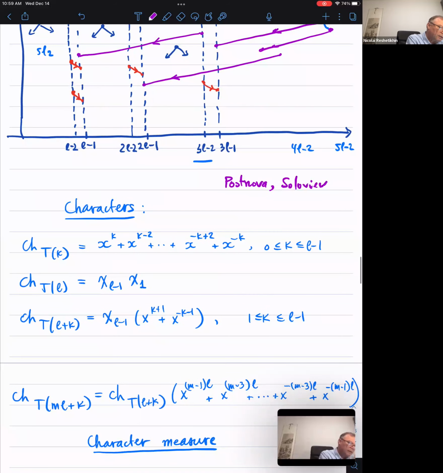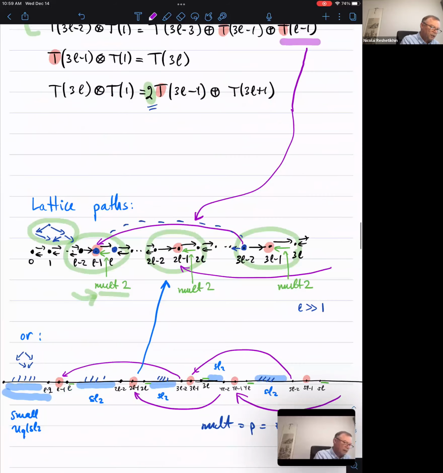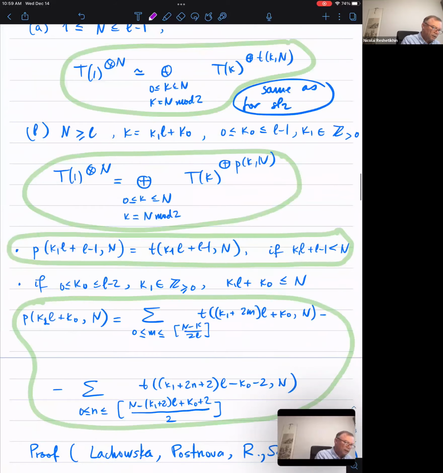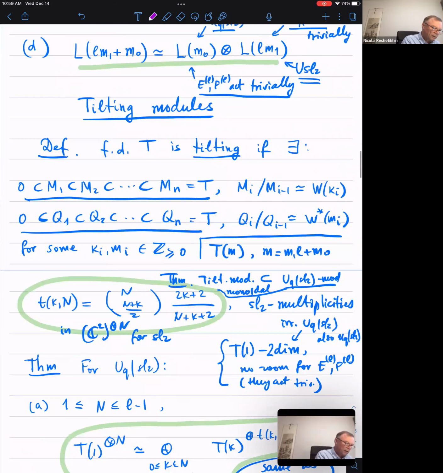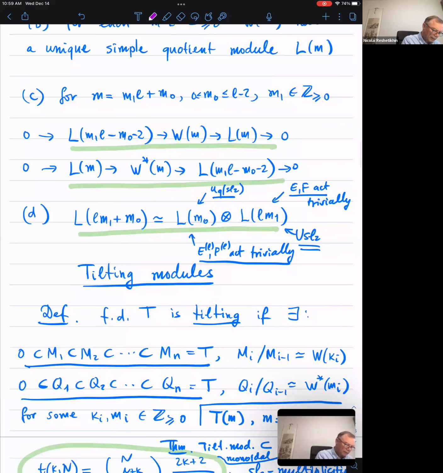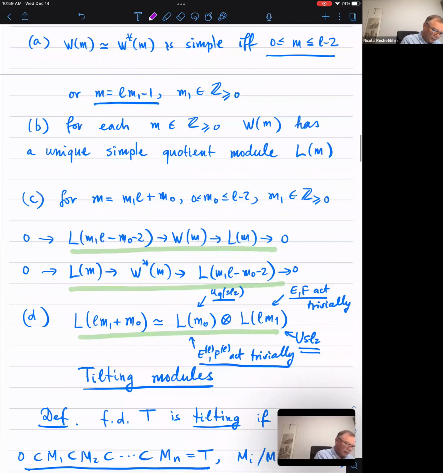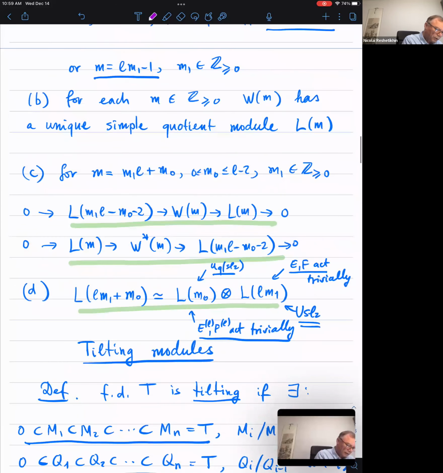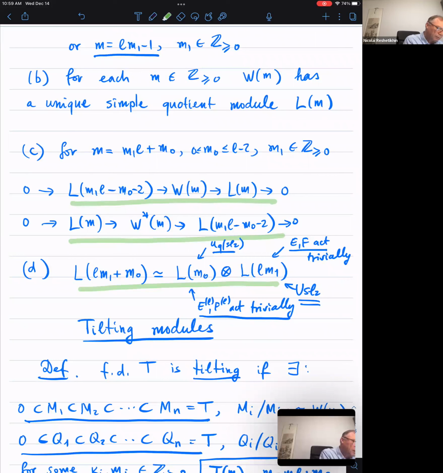So then, you see, you have all these representations, tilting modules, and you know that a tilting module is, well, unfortunately, I'm sorry, I thought I wrote it, but I didn't. So there is only this statement, but there is a similar statement for the tilting module, that it's also a tensor product.